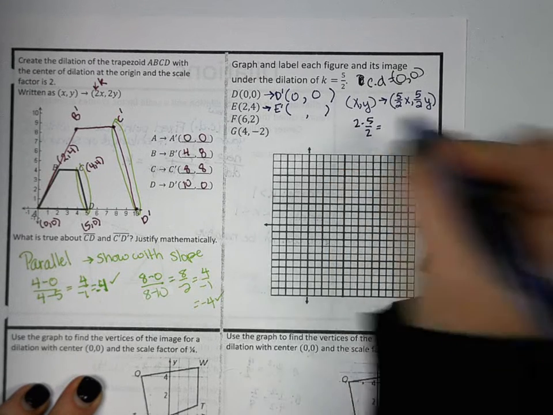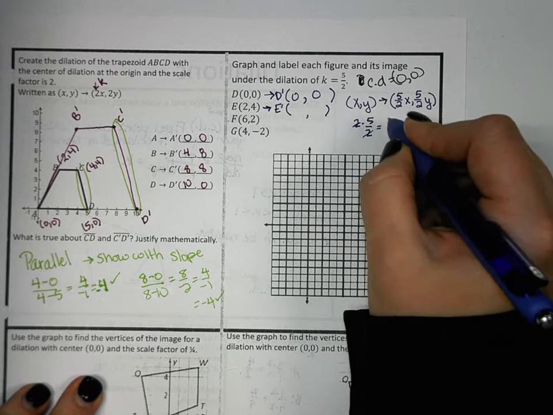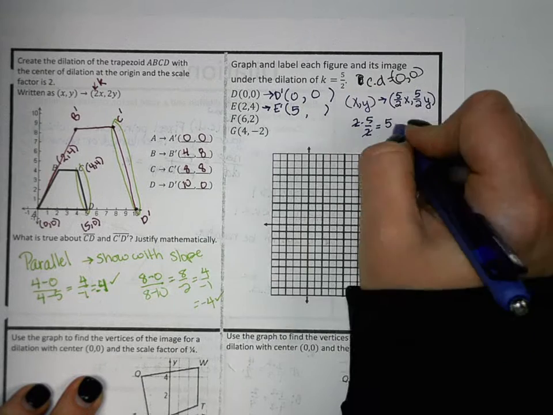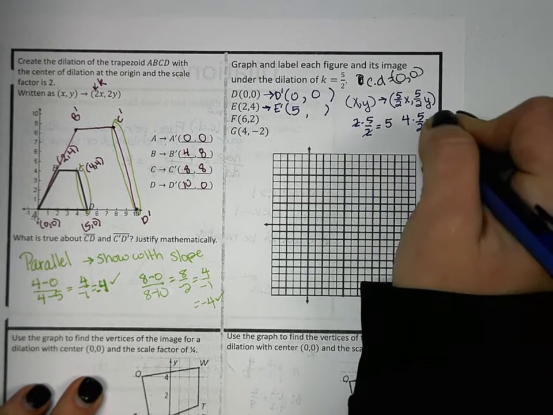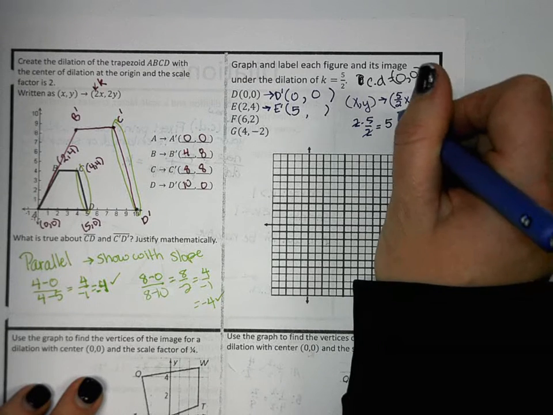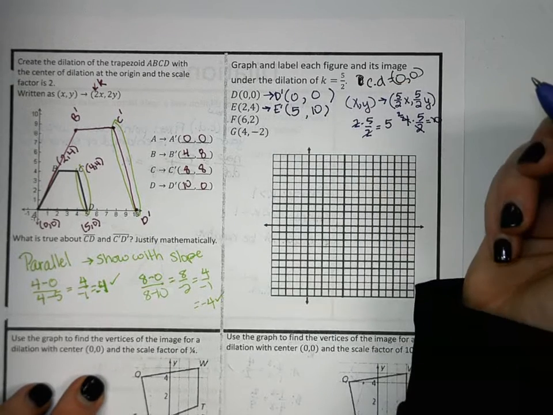What does that equal? Well, the 2's will cross out, and we're left with 5. And then what about 4 times 5 over 2? 2 and 4 can reduce, and we're left with 10. So we'd have the ordered pair 5, 10.